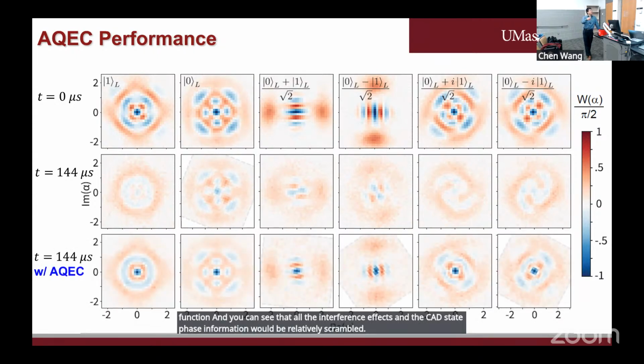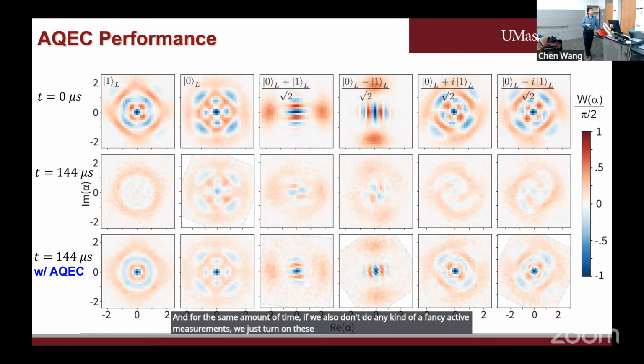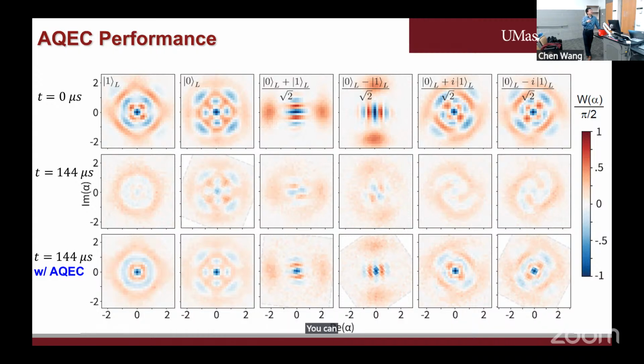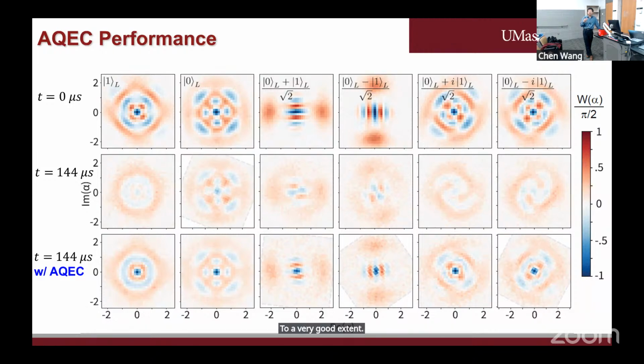And for the same amount of time, without doing any kind of fancy active measurements, if we just turn on this engineered dissipation in the system, you can see that the information is retained to a much greater extent. In particular, you see that the center pixel of the Wigner function is still blue, which tells you, if you're familiar with the Wigner representation, that the photon number parity remains odd to a very good extent, by nature of our even to odd engineered dissipation process.